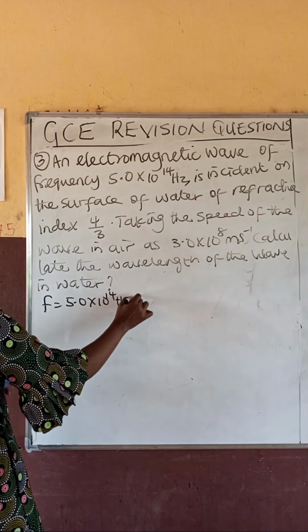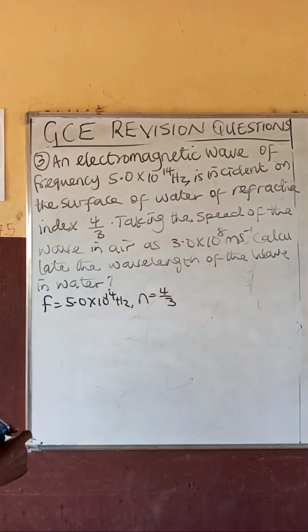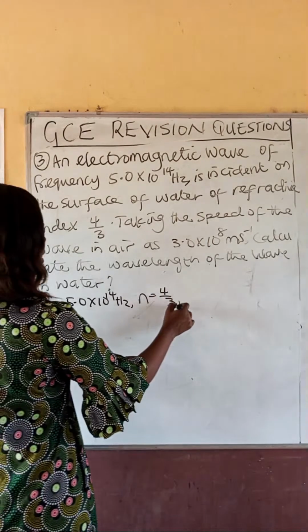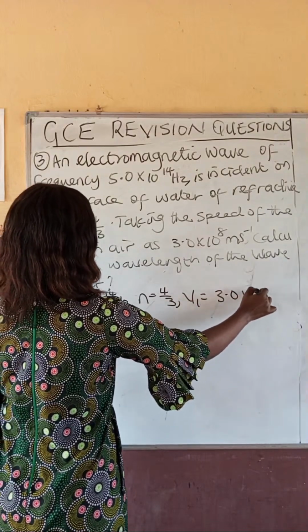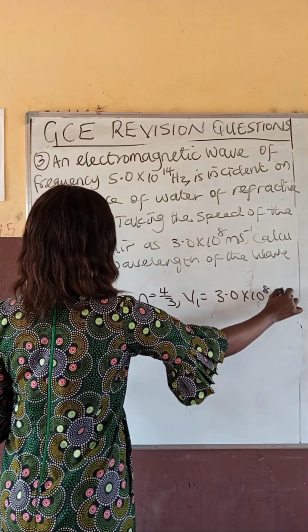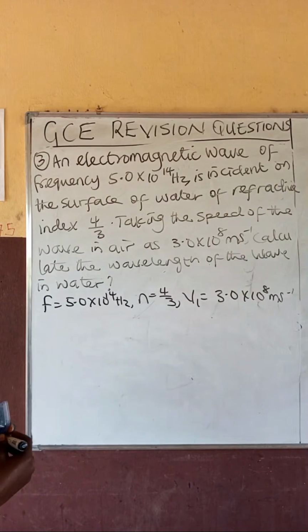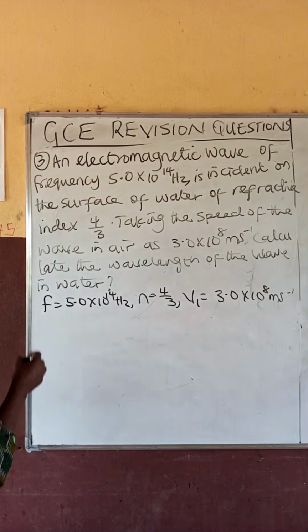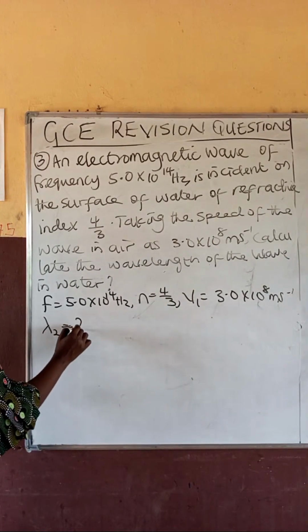We have the refractive index to be 4/3. Now we have the speed in air, I can call it V1, which is 3.0 times 10 raised to power 8 meters per second. We are asked to find what? The wavelength of the wave in water. Wavelength is what? Lambda 2.